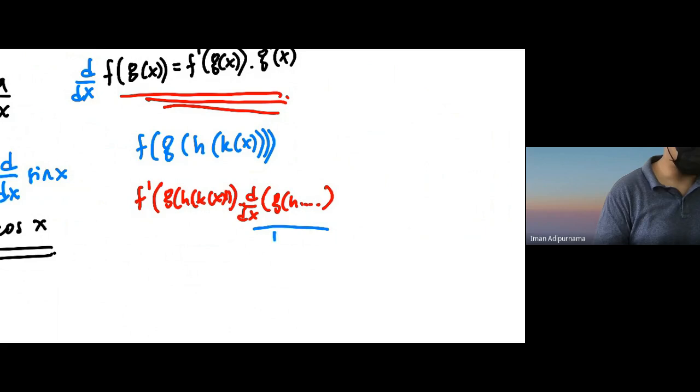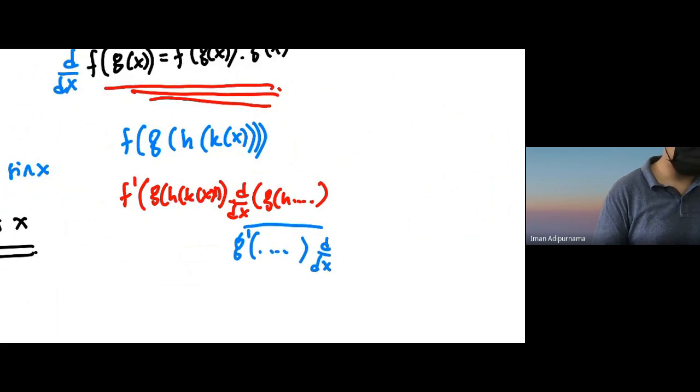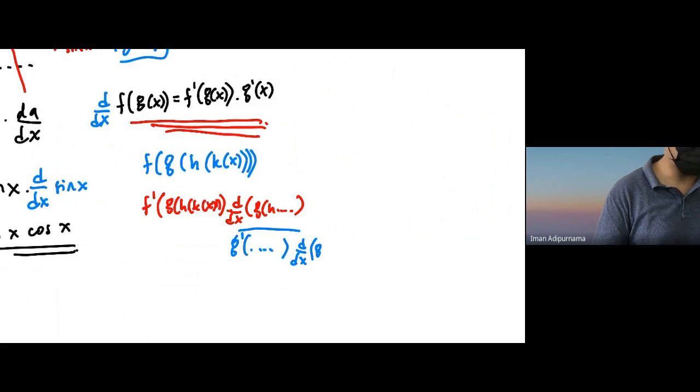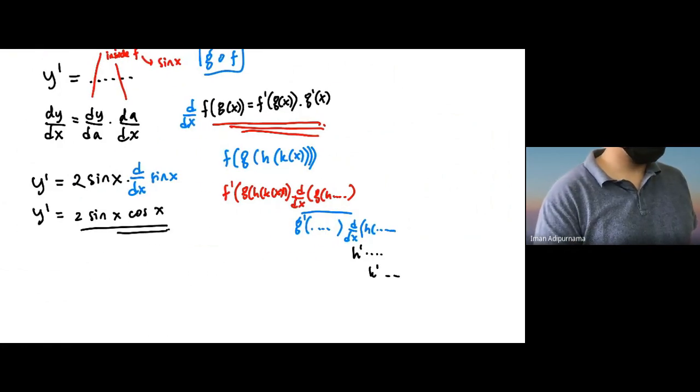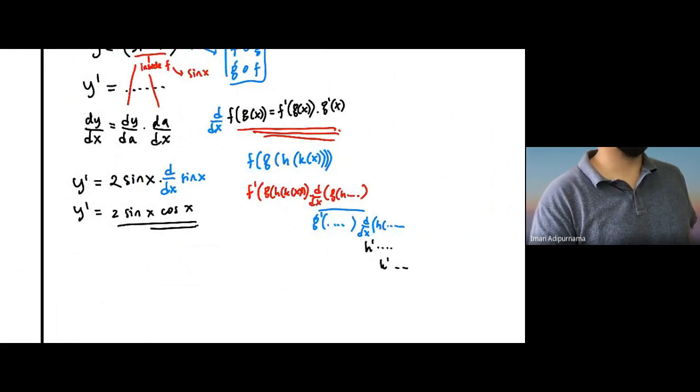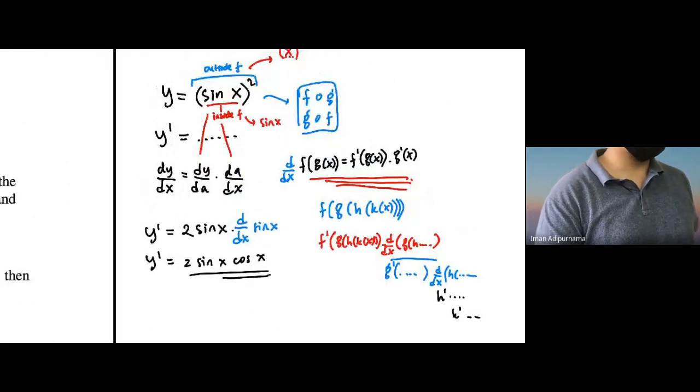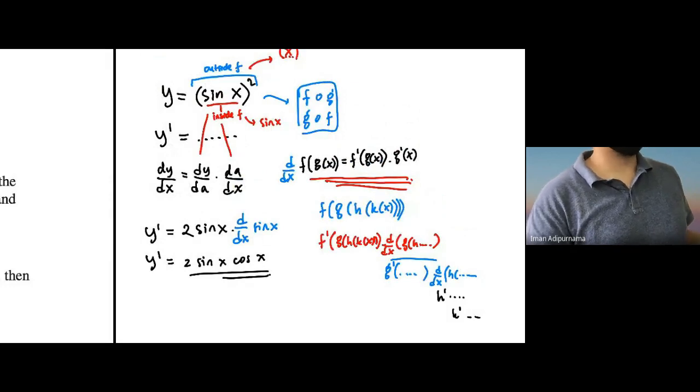So we need to have d dx, we have another g prime something here, and then d dx, and then this will start from h, h something, and you have another one, h prime, until we get k prime. It might happen, but if you stick to how the problem can be solved, looking at which one is the inside function and which the outside function, you can solve as many questions as possible with the chain rule, if you already know how to deal with it.